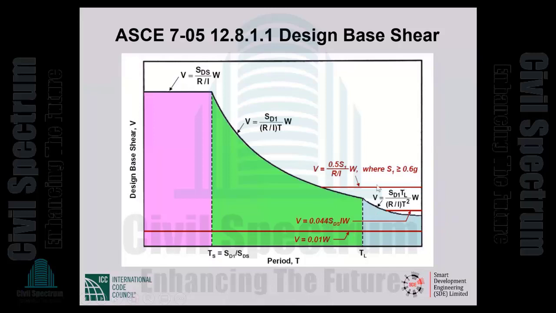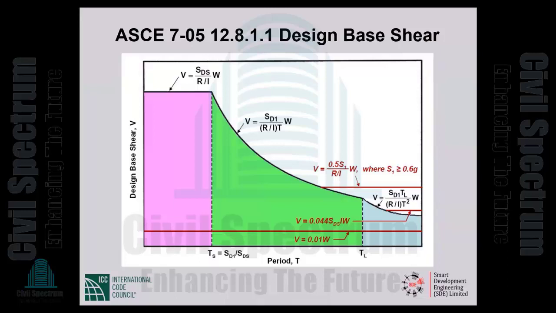There is another minimum that applies where the long period ground motion equals or exceeds 60% of g. In Bangladesh, you do not have that, so let us not talk about that. So 4 modifications. The ramp is eliminated, the flat top goes all the way back to 0 period.